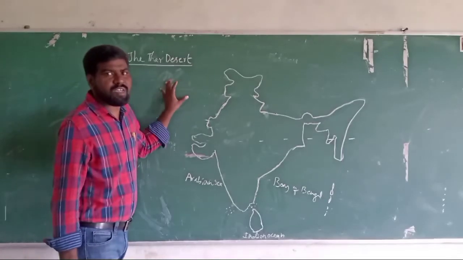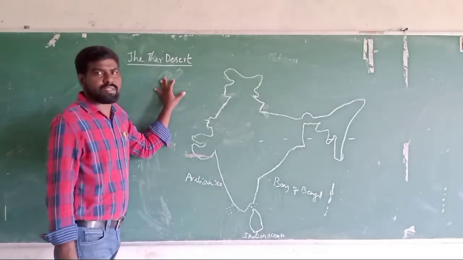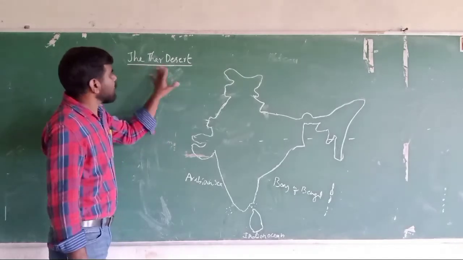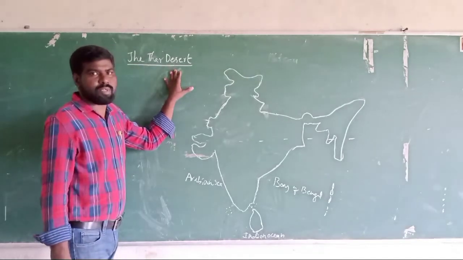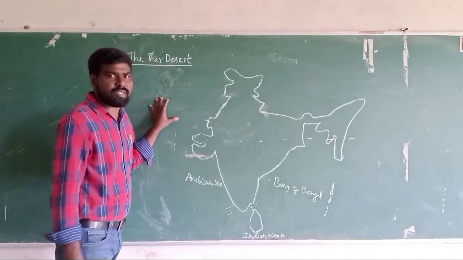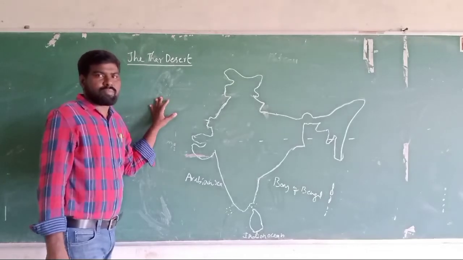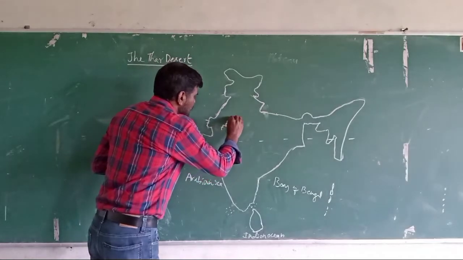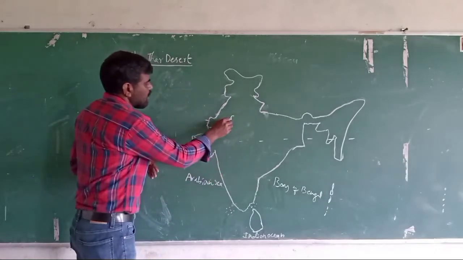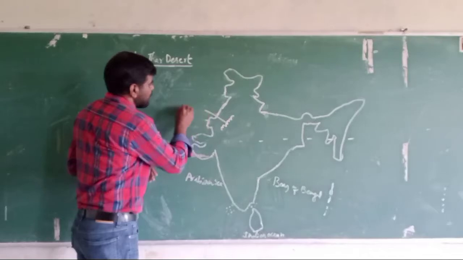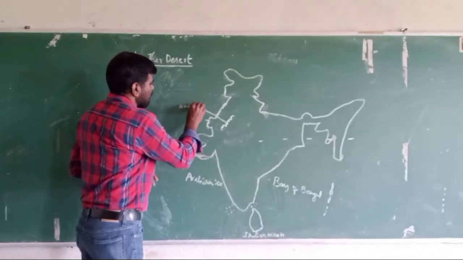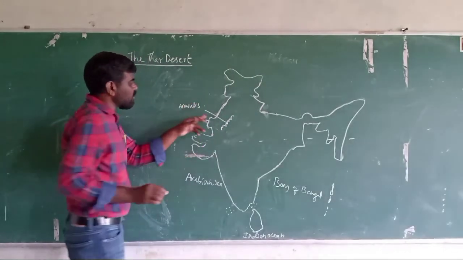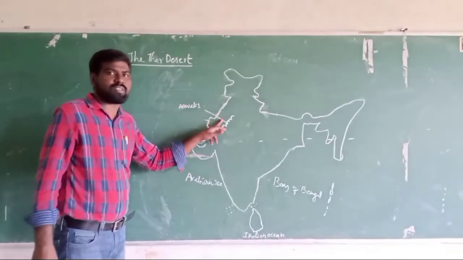One of the physical divisions of our country is the Thar desert or the Great Indian Desert. This Thar desert is located on the leeward side of the Aravalli Mountains.